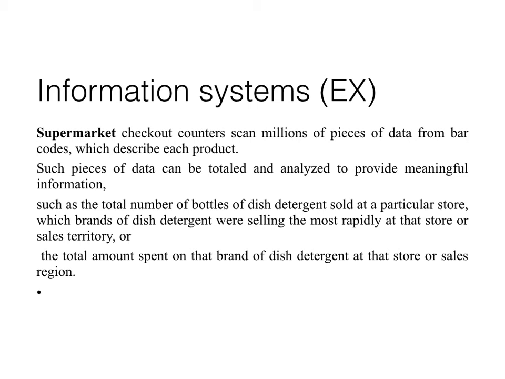Based on that, they can analyze data and extract meaningful information to support them to answer many questions, such as the total number of bottles of dish detergent sold at a particular store, and also about selling, especially in some stores or areas. Based on that, they can make decisions about production, about marketing, and so on.